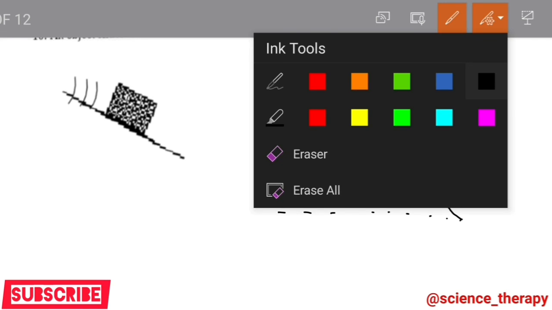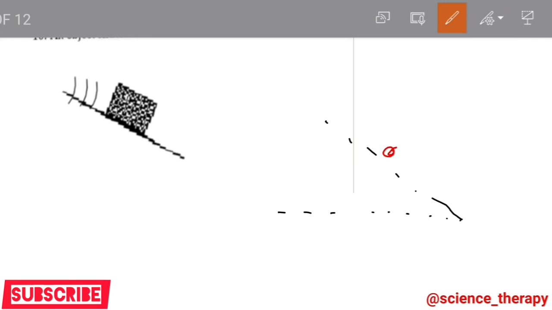It's just to assist you to draw your free body diagrams correctly. Then we have 90-degree here, is your normal force perpendicular to the surface. Then acting downward is your Fg gravitational force.